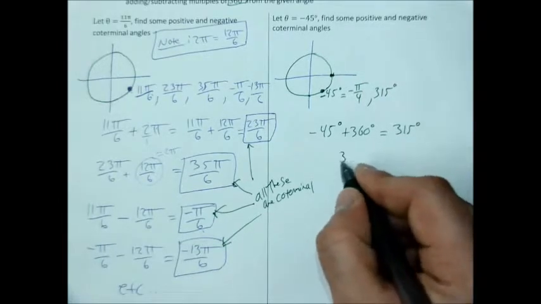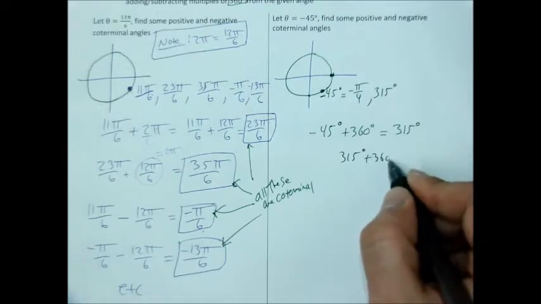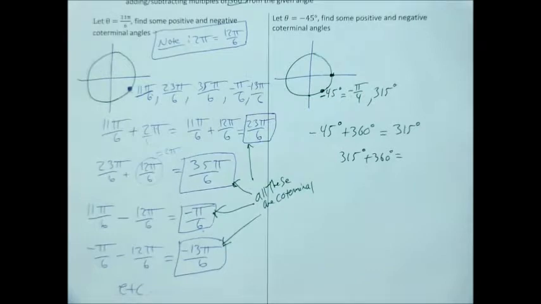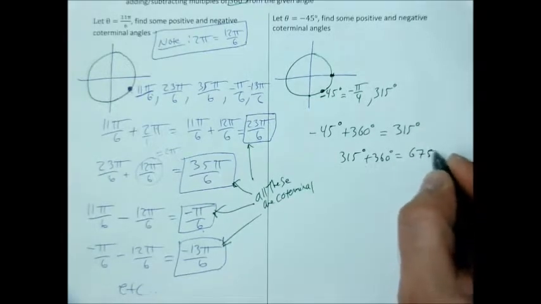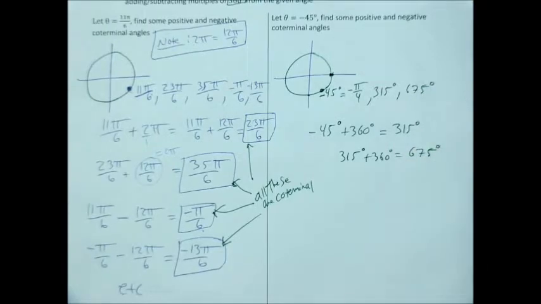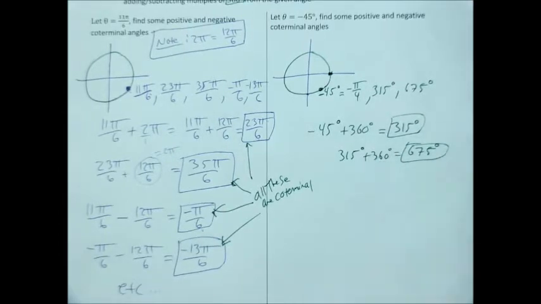Let's take 315 degrees and also add 360. So that's just going around the unit circle another time. When we add those two together, we get 675. So 675 is also a coterminal angle. So we found two coterminal angles by adding 360.